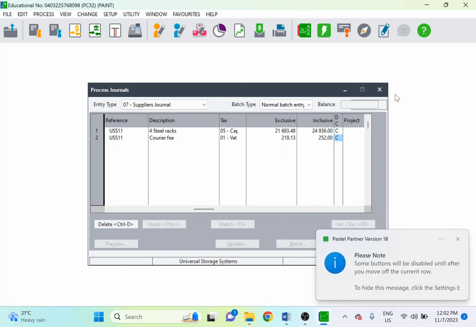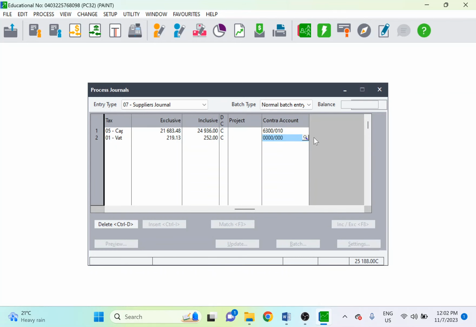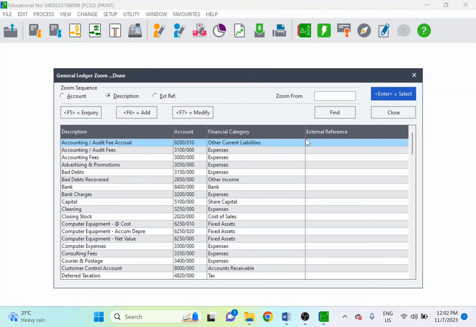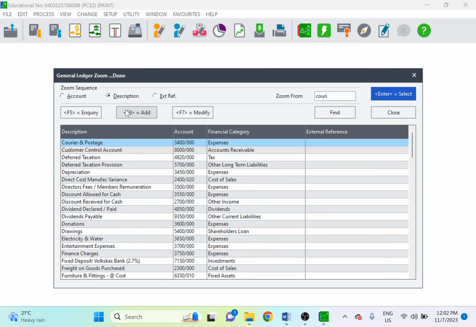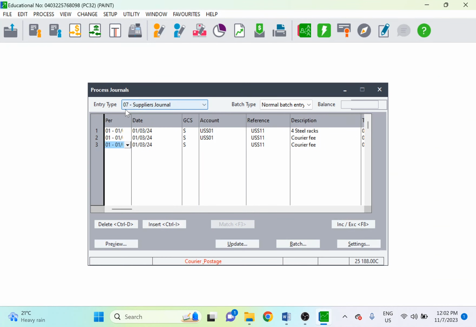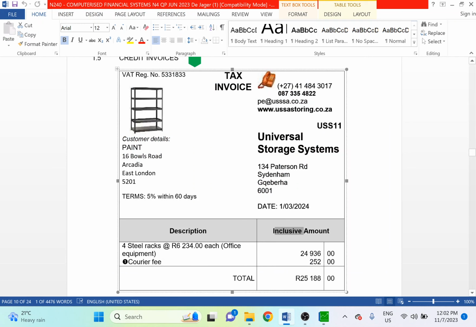And then under contra account, remember there was an account that you were supposed to rename, account 3400. We know the account, it's courier and postage. So we are done with the first invoice.